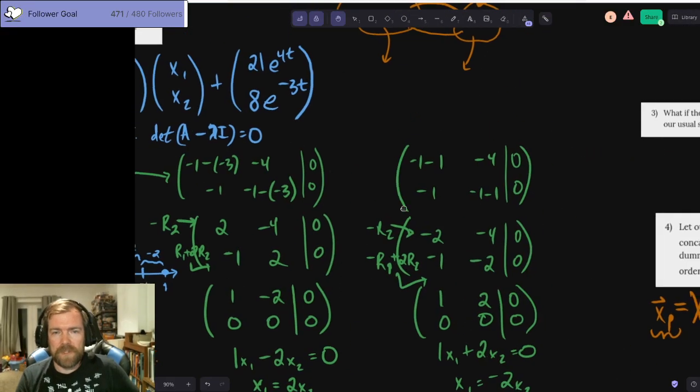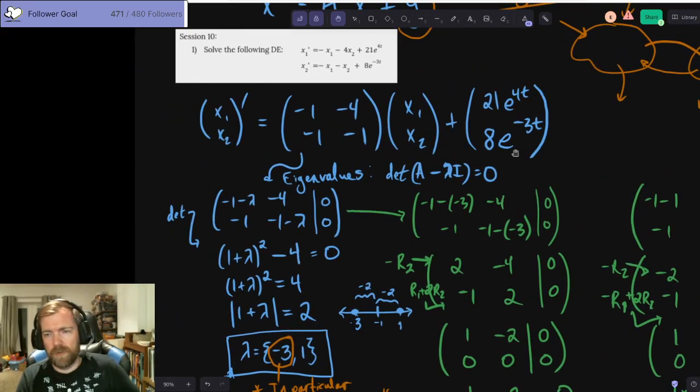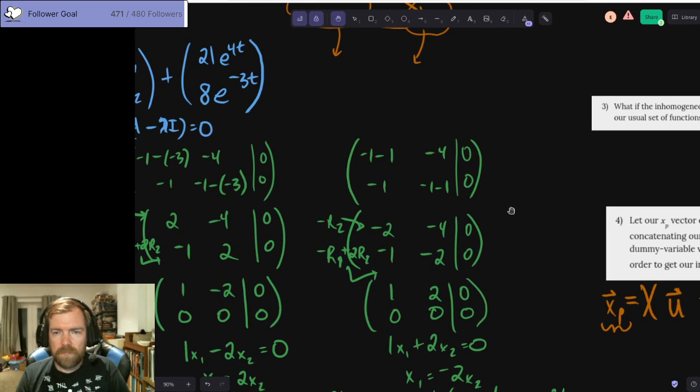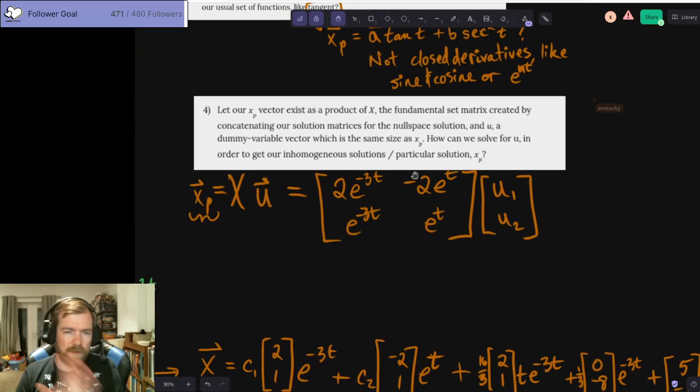Right, yeah. So we're plugging it into our original differential equation with the g forcing function on the end, or f. Yeah, sorry, we called it g. And so we're going to plug all of that in.